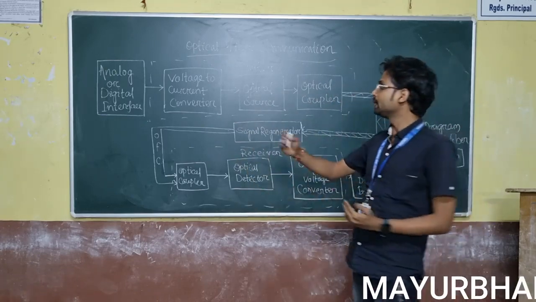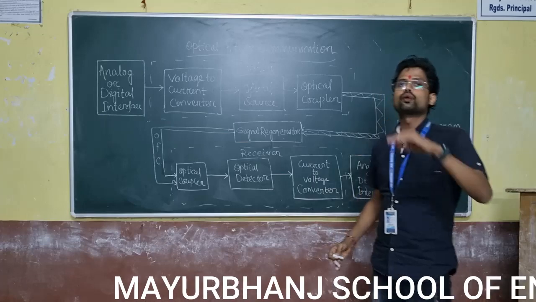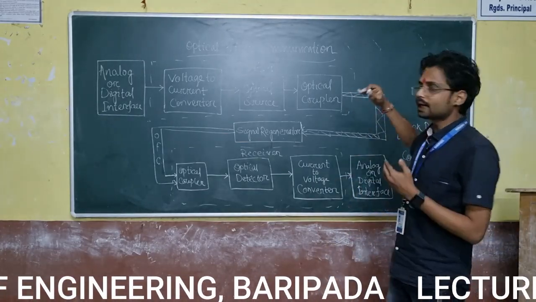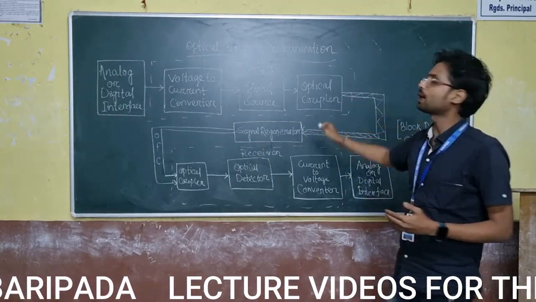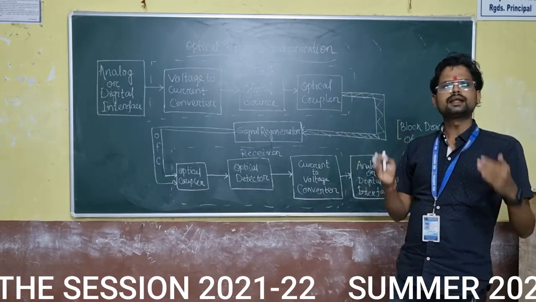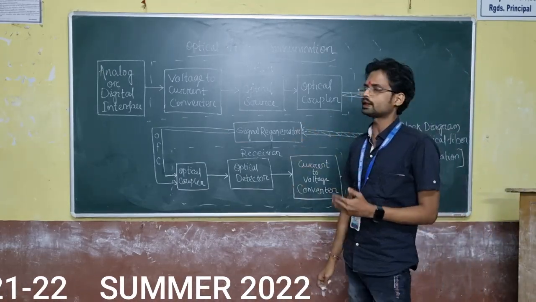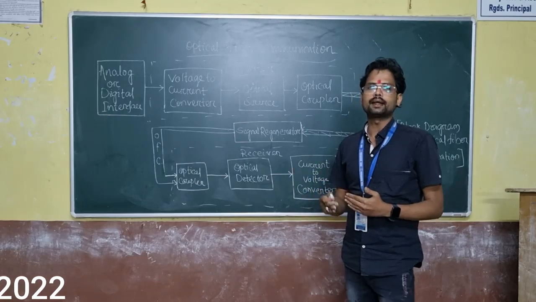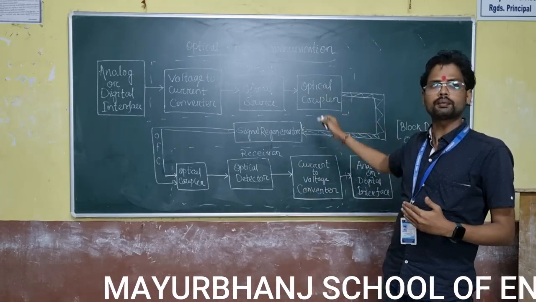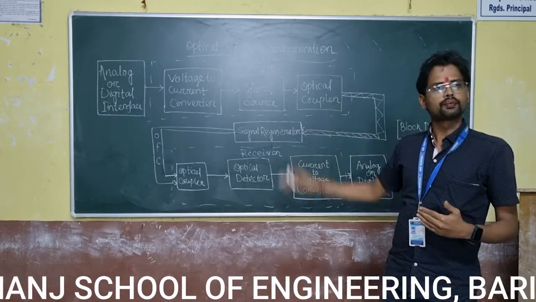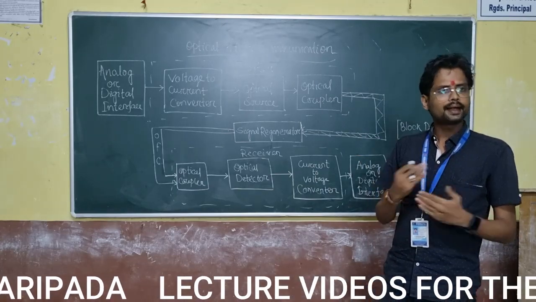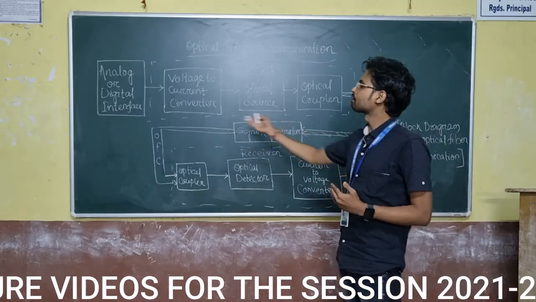Then the light signal is given to the optical fiber through the optical coupler, and the light signal travels through the optical fiber cable. After transmission over some distance, the signal regenerator circuit is again used to regenerate, or restructure, the optical signal coming through the optical fiber cable from a long distance, and it is sent through the optical fiber again.